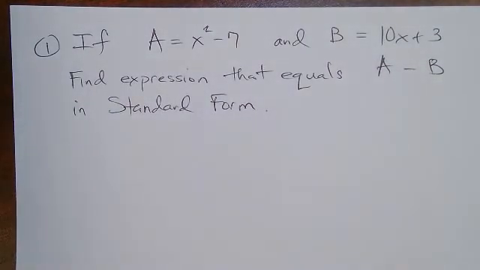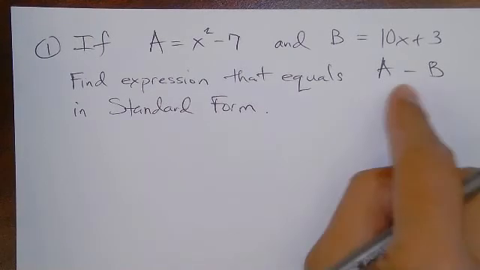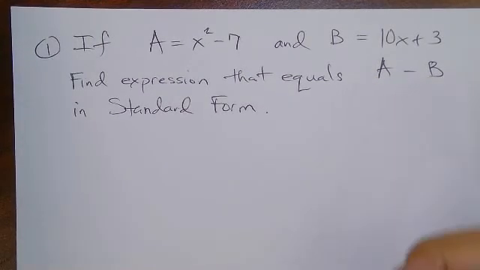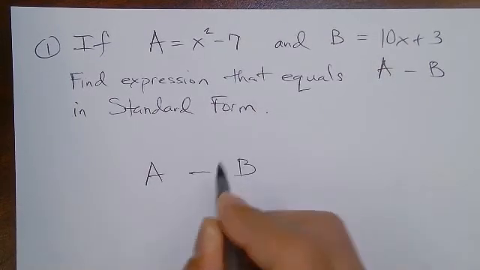Okay, copy that down and you tell me how you need to set this up and what's going on here with this one. Okay, so what you got to do is it's asking you to do this, a minus b.